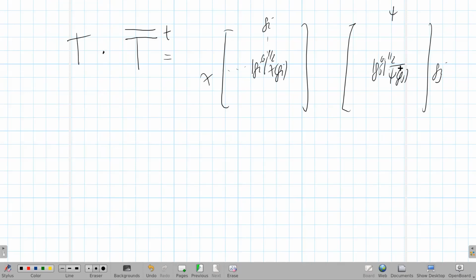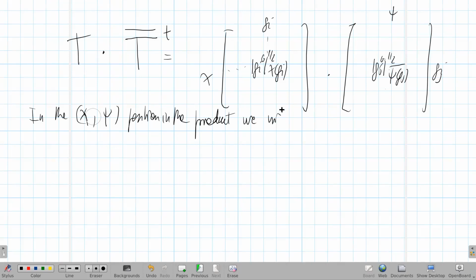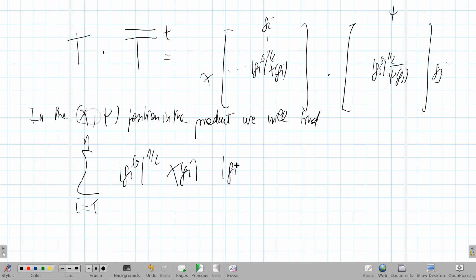And now you see, when you multiply the chi-th row by the psi column, in the chi psi position in the product we will find the sum over the g_i, from 1 to n, of the class size of g_i to the 1/2 times chi of g_i, and then the similar thing on the other side.